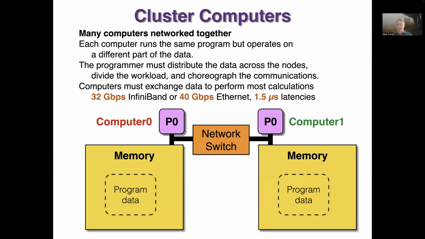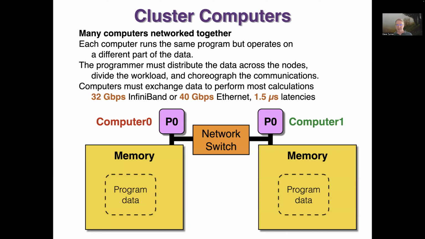Now, these are tricky to program, though. So the programmer has to be the one to distribute data between the nodes and decide how to communicate data across the nodes. Because to do any calculation, you have to have the data in the same place. So this is no longer a shared memory system like the vector stuff is.